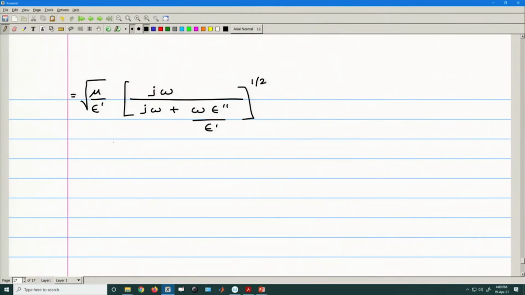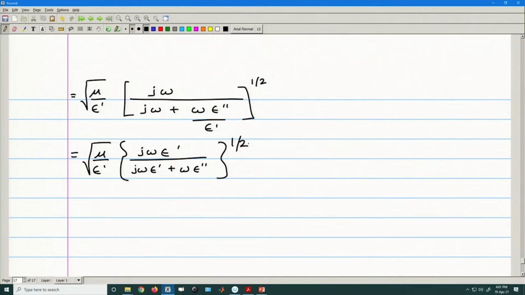On further simplification, we write this as mu by epsilon prime, and the epsilon prime from the denominator we take up to the numerator. So it will be j omega epsilon prime upon j omega epsilon prime plus omega epsilon double prime, raised to the power half.